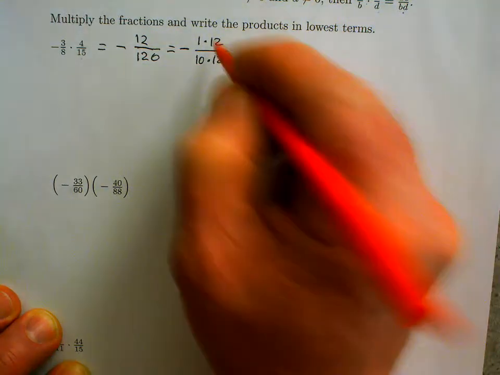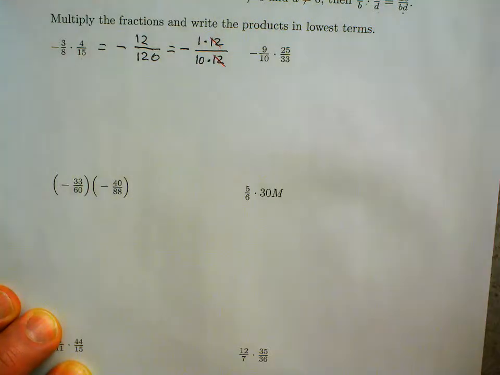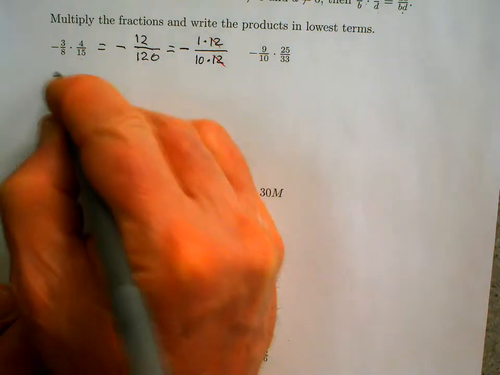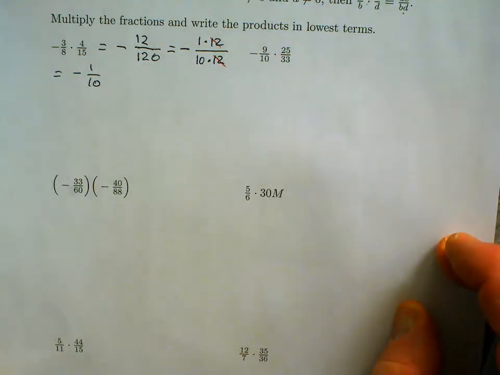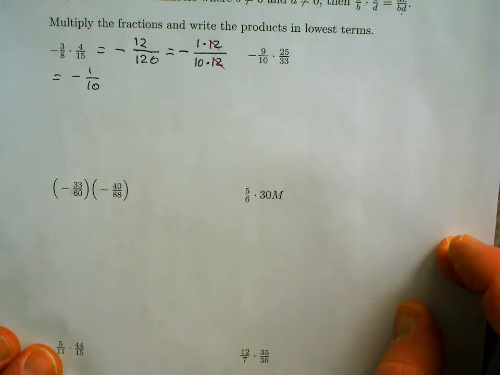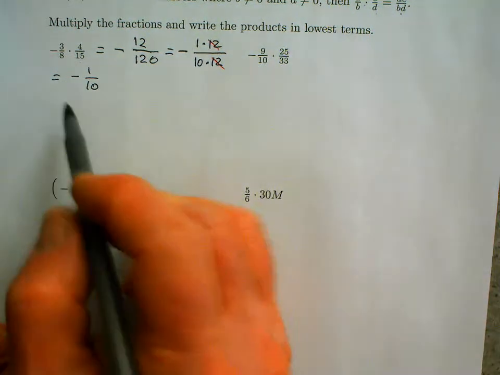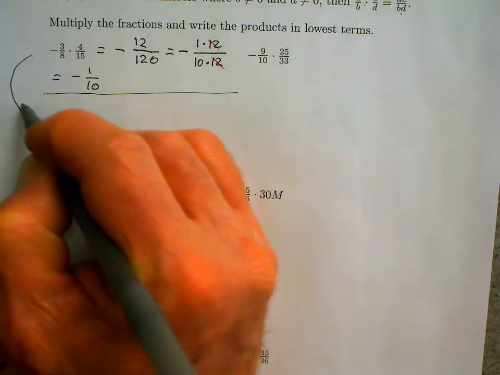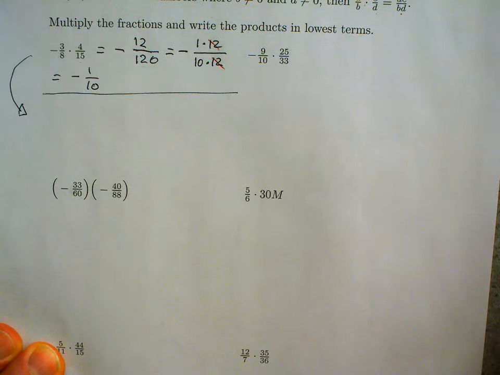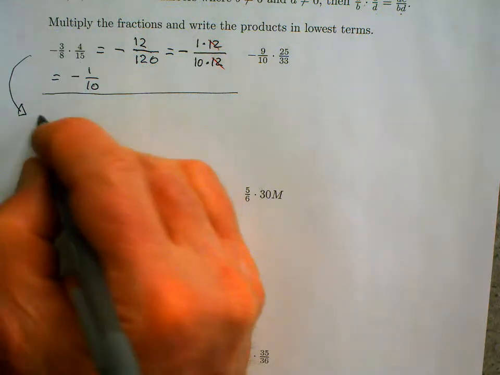And then 12 divided by 12 is 1. So this simplifies to -1/10. Okay, that's certainly an option, but there is, in my opinion, a more efficient option.